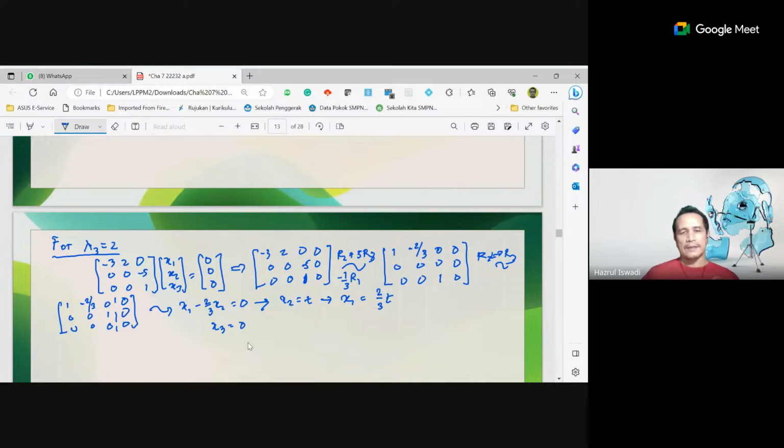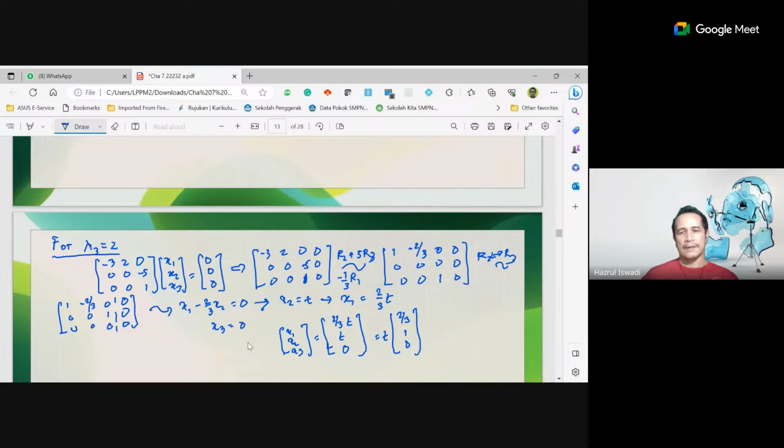Okay, then rearrange the vector x1, x2, and x3. We have 2 over 3 t, x2 is t, and x3 is 0. So we have 2 over 3, 1, 0.